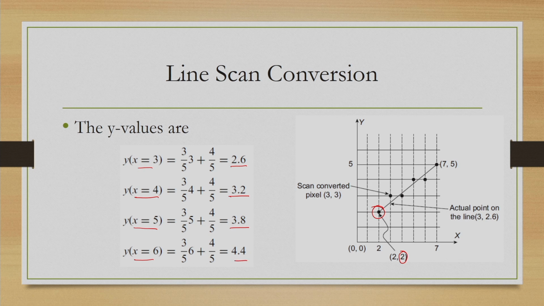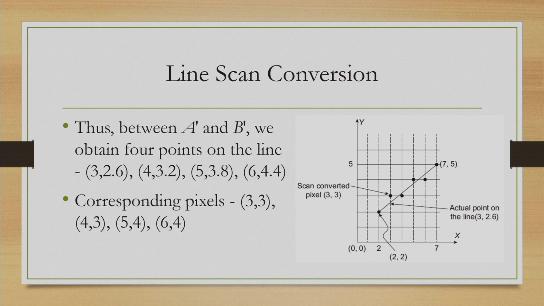So, we get the 4 intermediate pixels and corresponding y values computed using the line equations. So, the 4 points are (3, 2.6), (4, 3.2), (5, 3.8) and (6, 4.4). These are the 4 values that we compute using the line equation.